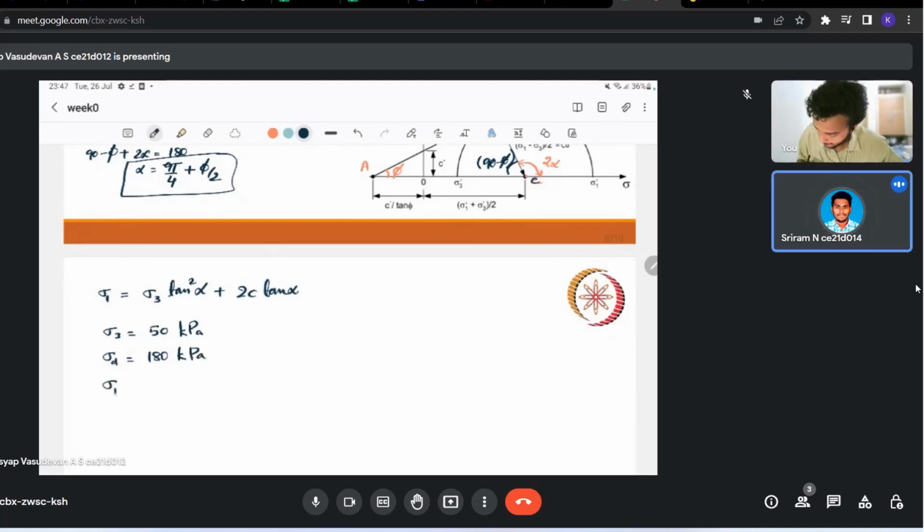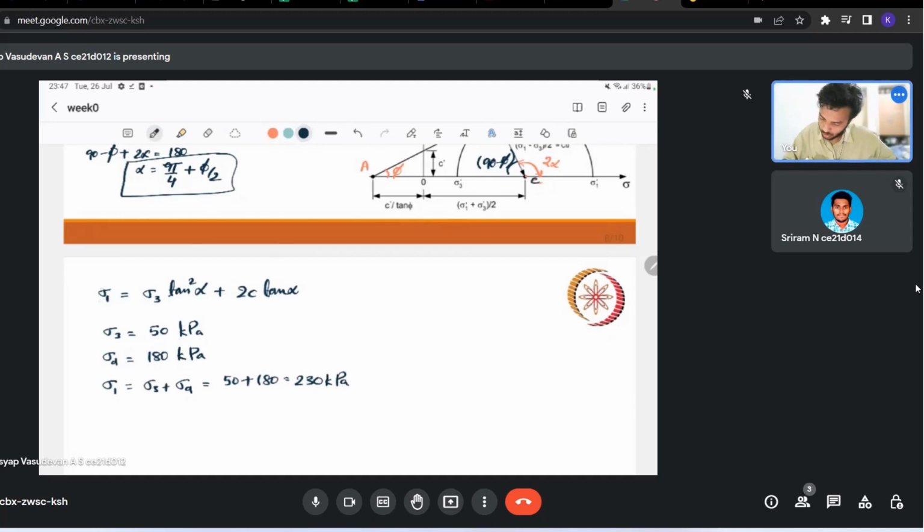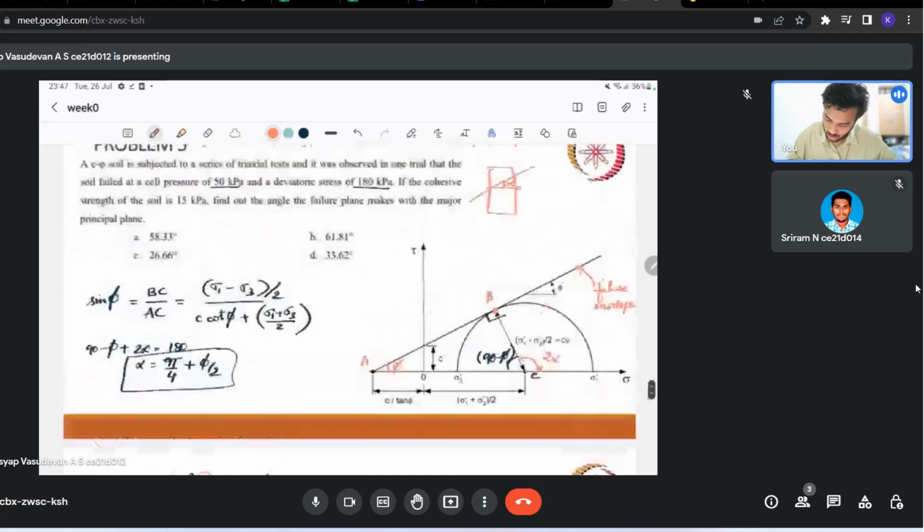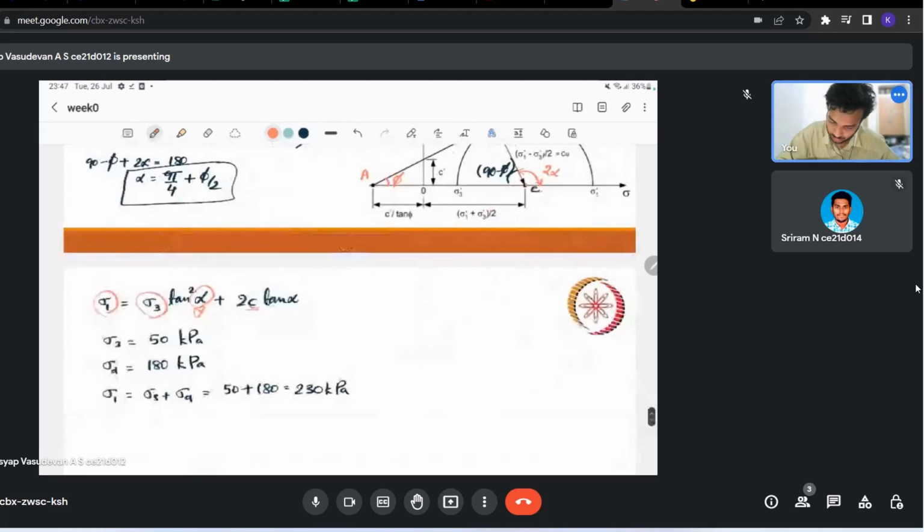Sigma 1 is sigma 3 plus sigma d. So 230 kPa. Okay, so 50 plus 180, 230. So we know sigma 1, we know sigma 3, alpha we don't know, but c we can get. c is given as 15.